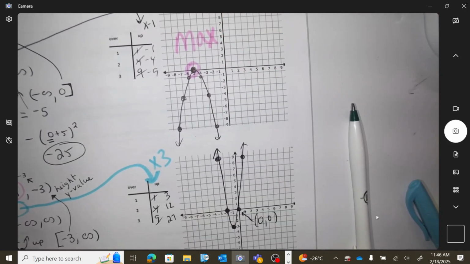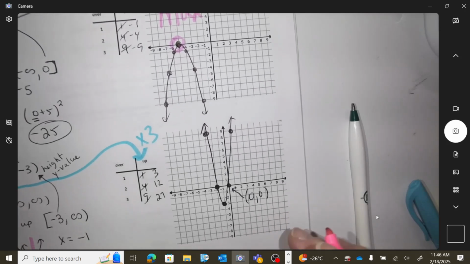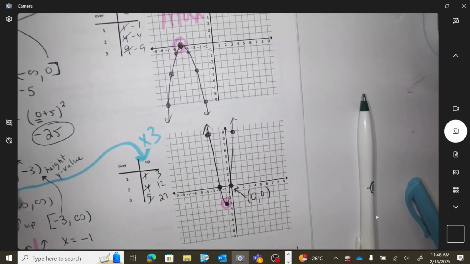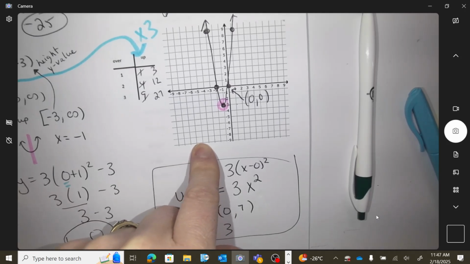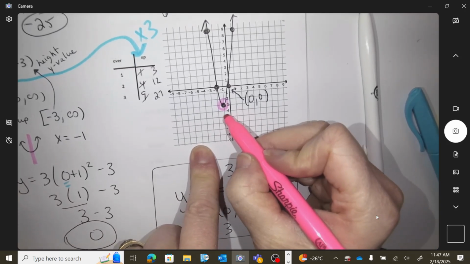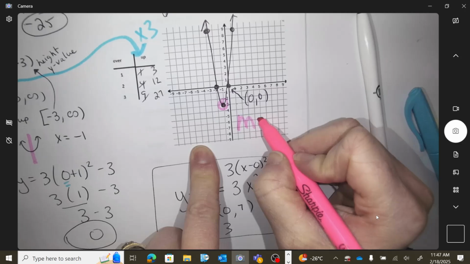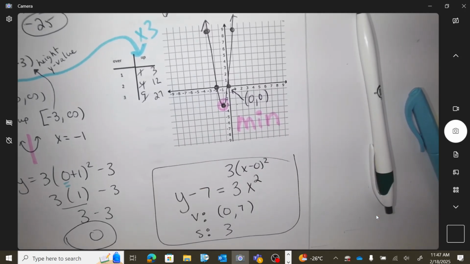Your vertex is a max, because it's on the top, highest, versus if your parabola is opening up, this vertex is now going to be a min. Okay, so those words would be in your homework, and that's all it is.